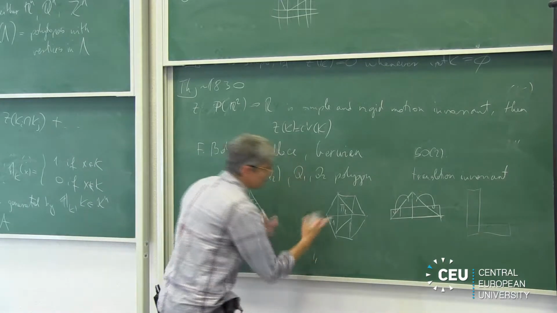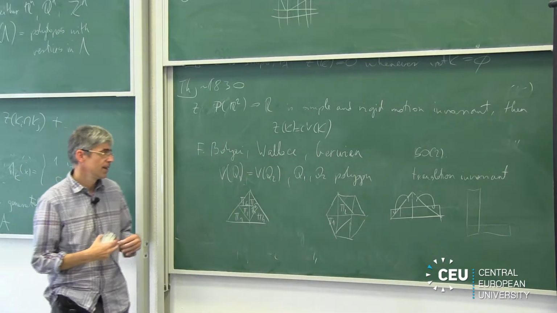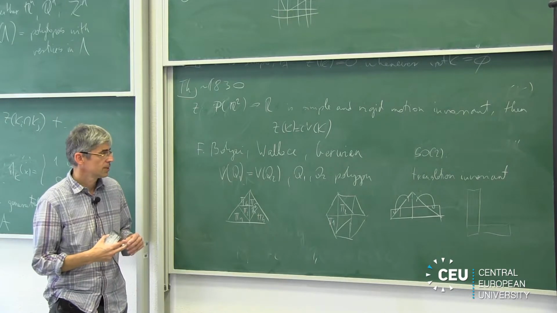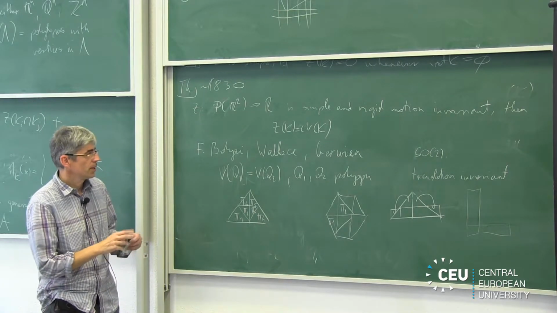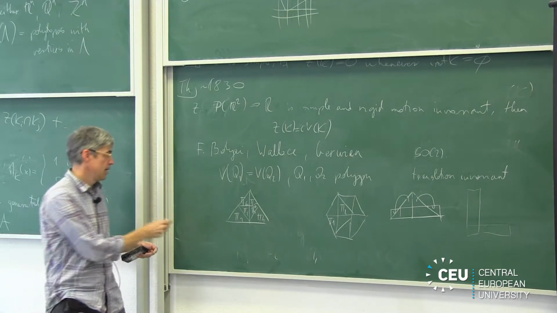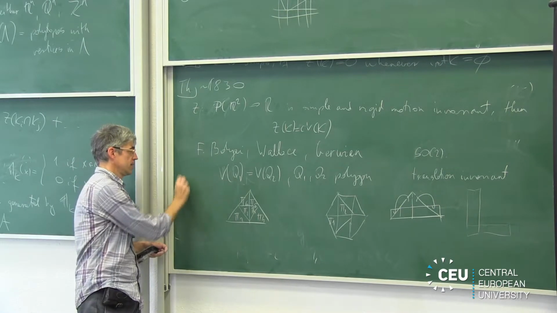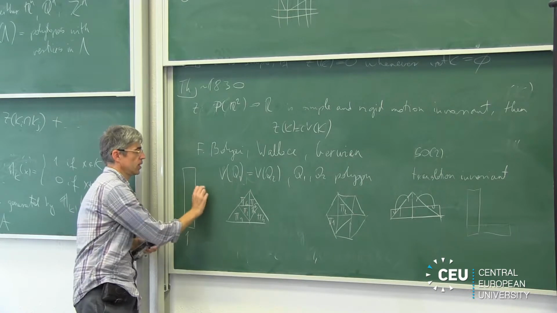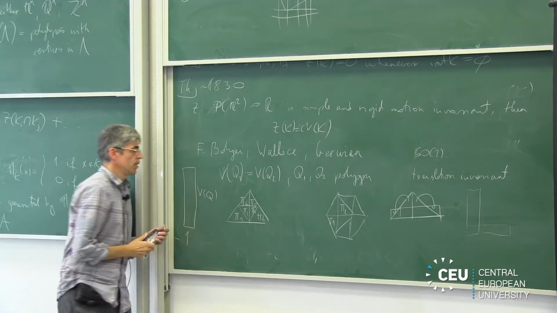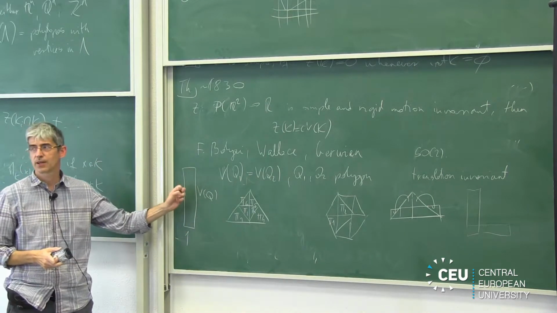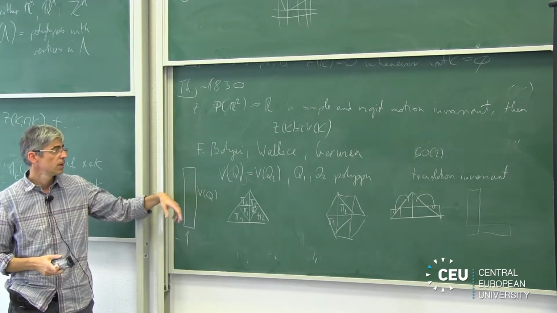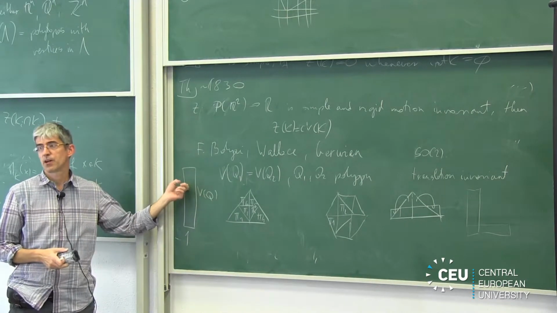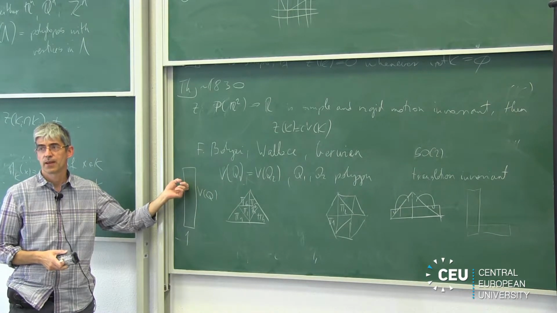It means that if I know the area, then I just take the rectangle with one edge being 1 and the other edge being the area of Q, then the value of the polygon is the same as the value of this rectangle.